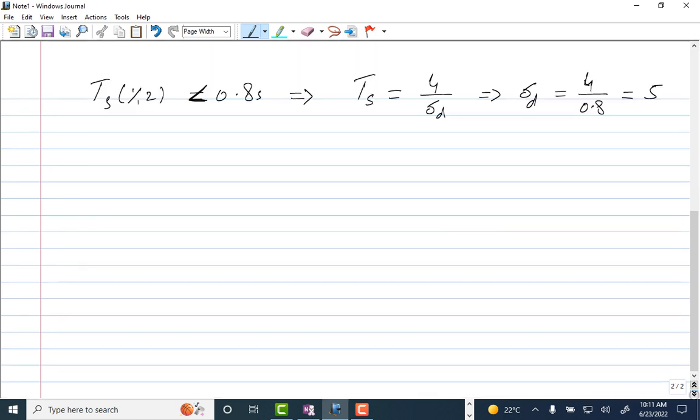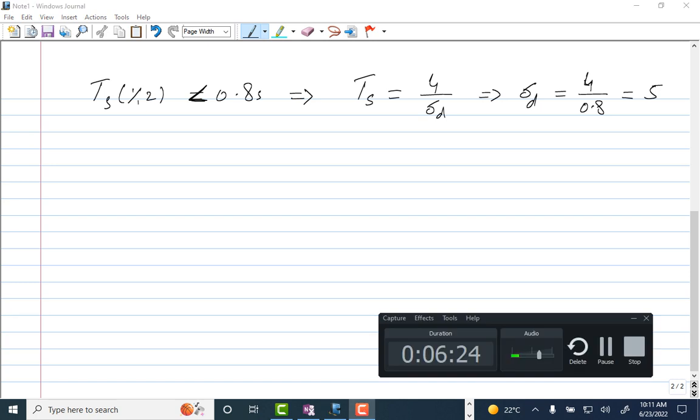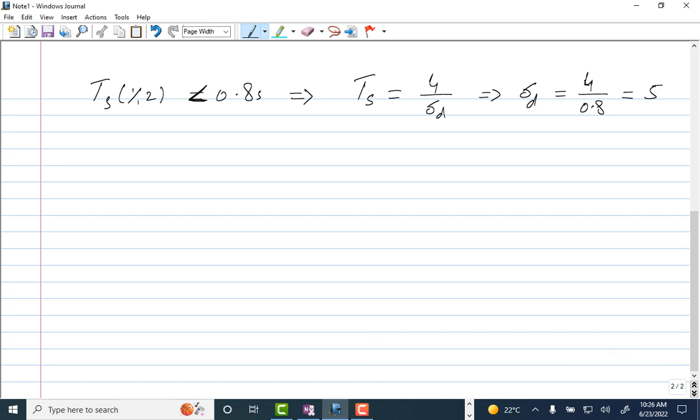Now I am going to calculate the desired point. I know sigma d, and now I move to omega d so that I can calculate the desired location. Omega d is equal to sigma d times tan of cos inverse of zeta, which I just calculated in the previous slide.